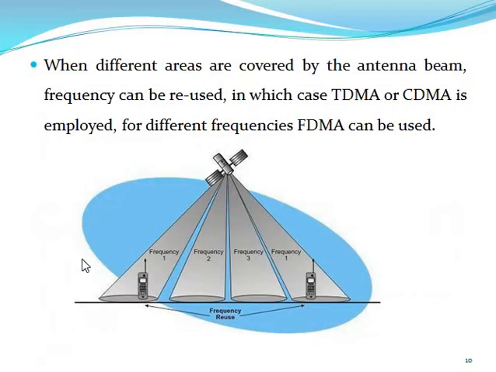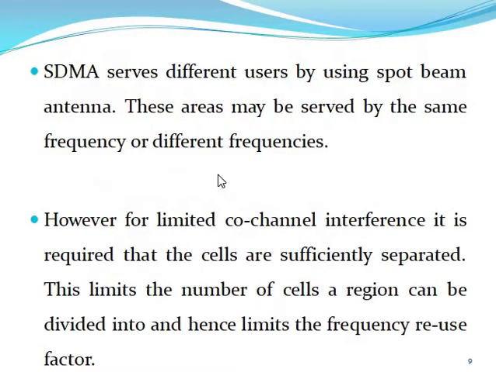We can show that this is the different frequency. You can see here that this is one space antenna you can use for the frequency receiver and directly communicate. However, to limit co-channel interference, it is required that the cells are sufficiently separated.